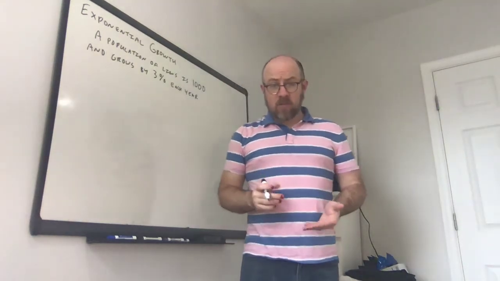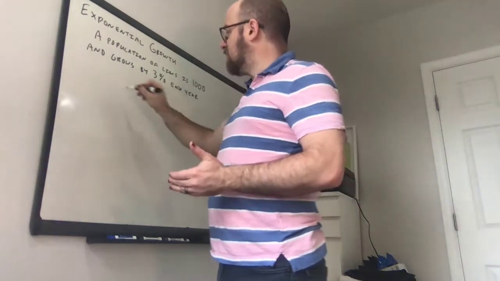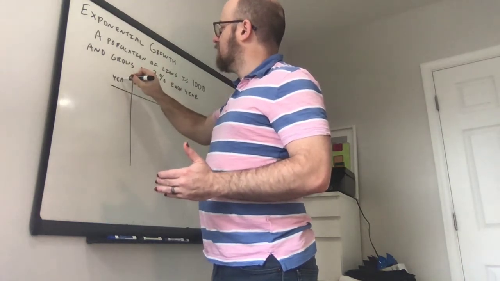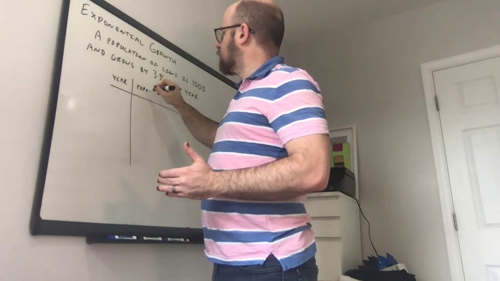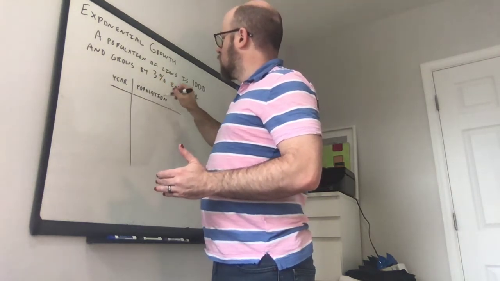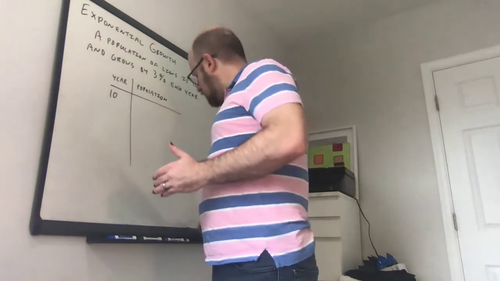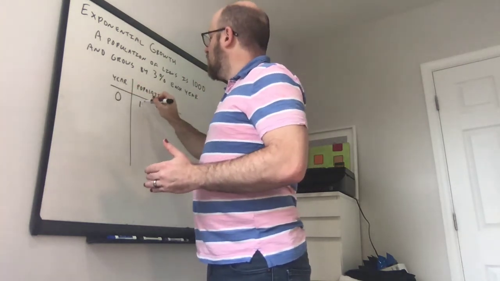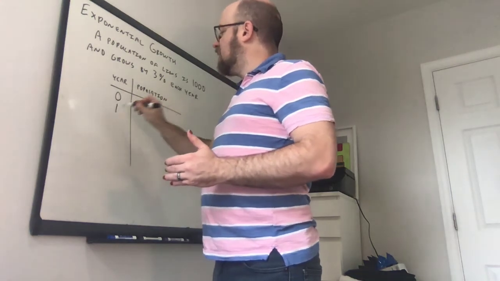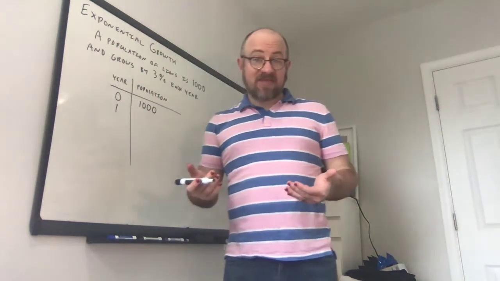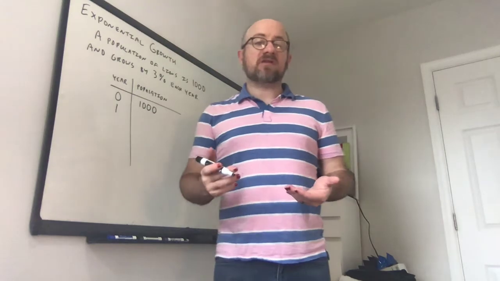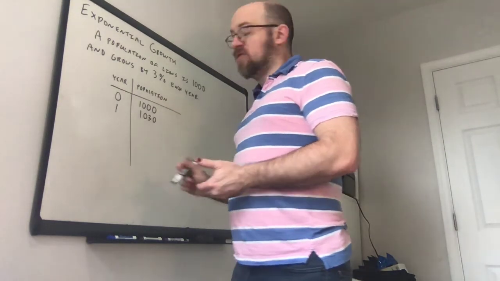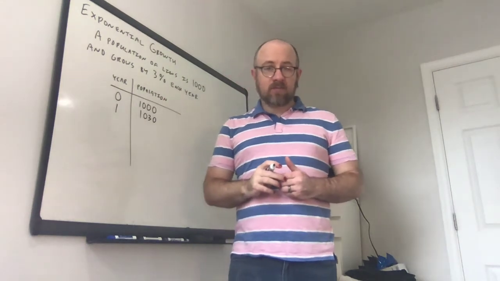We're not going to actually grow by the same amount each year, because if you think about what happens, we start at year 0 with 1,000, and then in year 1 we grow by 3% of that 1,000. So 3% of 1,000 is 30, and so we're going to have 1,000 plus 30, so 1,030 lions.